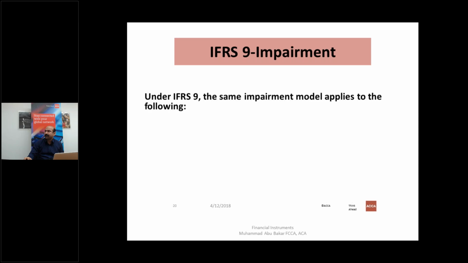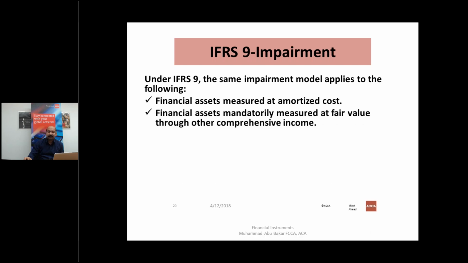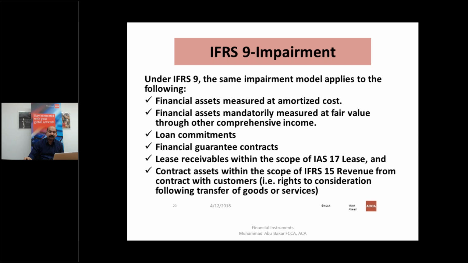See, impairment of financial assets under IFRS 9, the same impairment model applies to the following: financial assets measured at amortized cost, financial assets mandatorily measured at fair value through other comprehensive income, loan commitments, financial guarantee contracts, lease receivables within the scope of IFRS 16, and contract assets within the scope of IFRS 15, revenue from contract with customers, that is rights to consideration following transfer of goods or services.